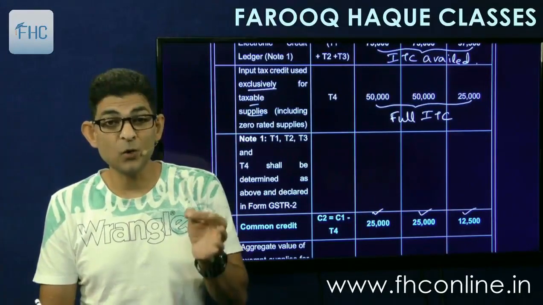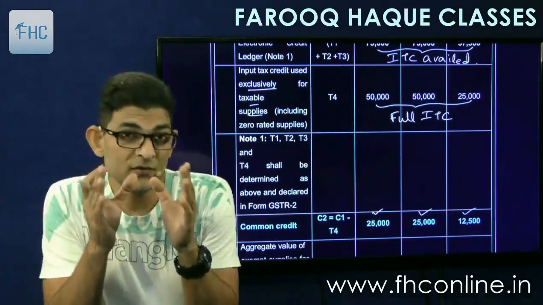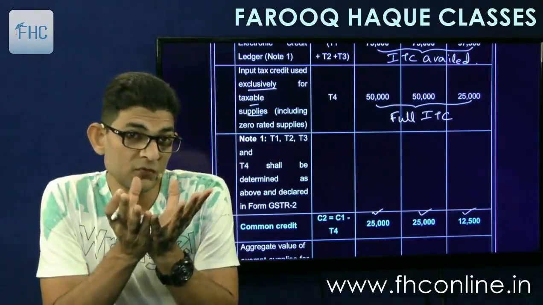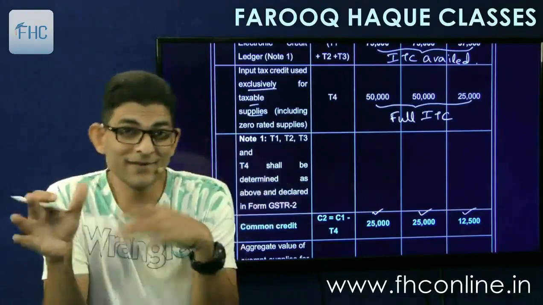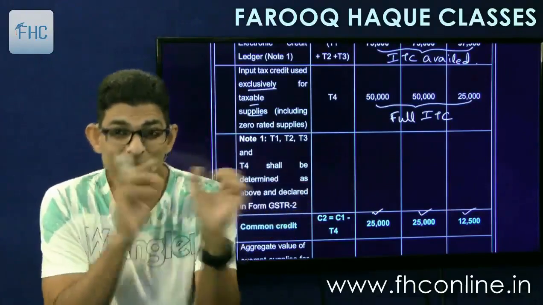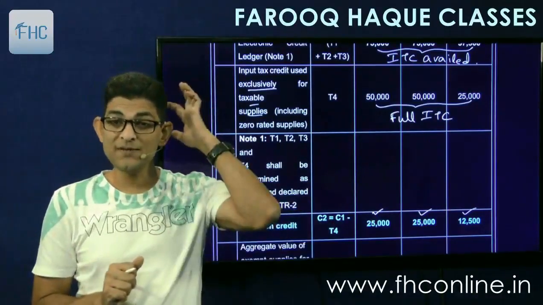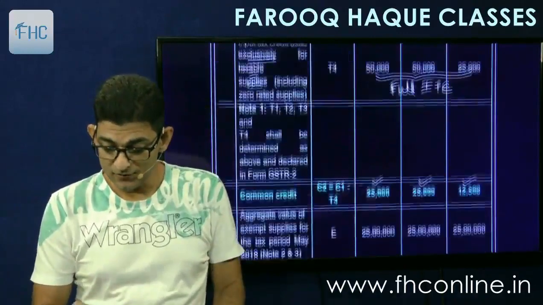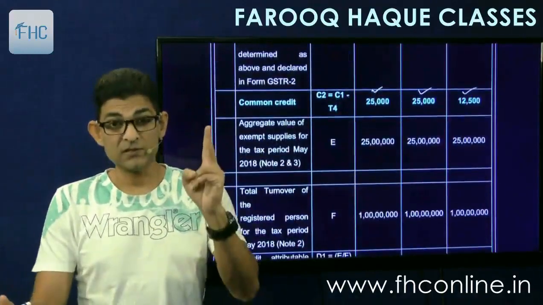So this will be called a common credit. This is in respect of those inputs which have been used commonly for all the three. Now in this common credit we'll do two reversals.